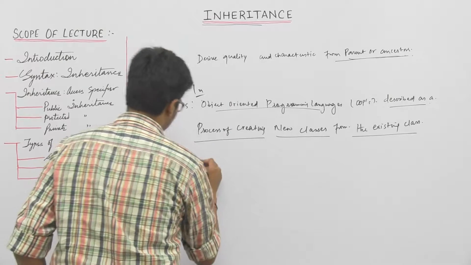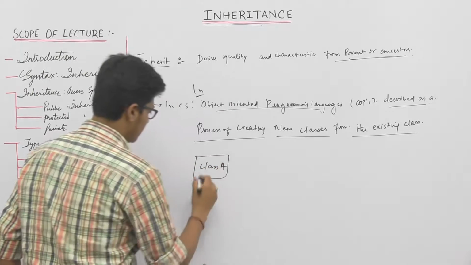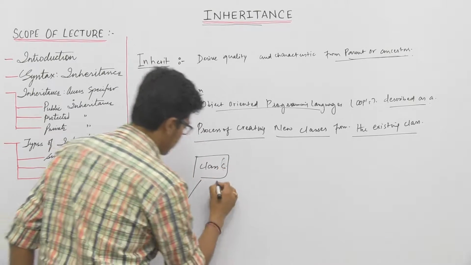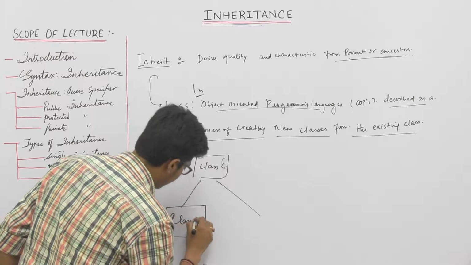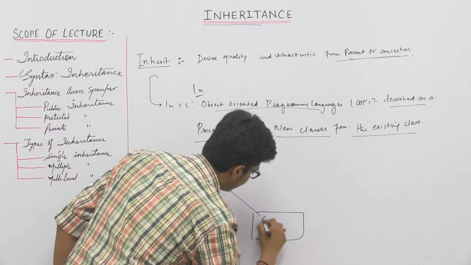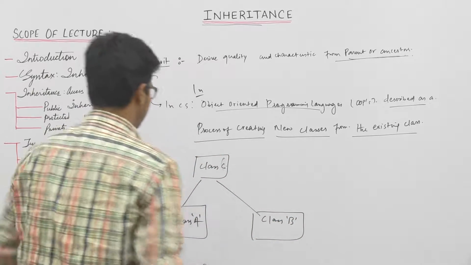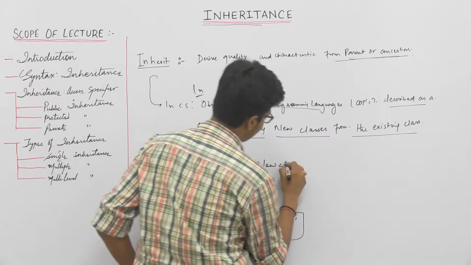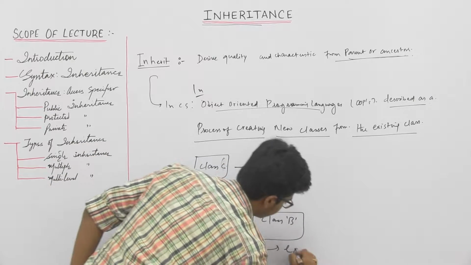Let's say there is a class A and a class B, and a new class C is inherited from class A and class B. So it finally makes a new class, and these two are already existing classes.